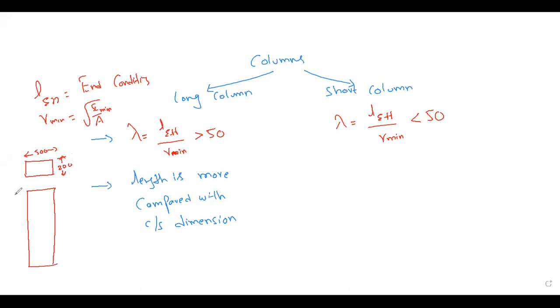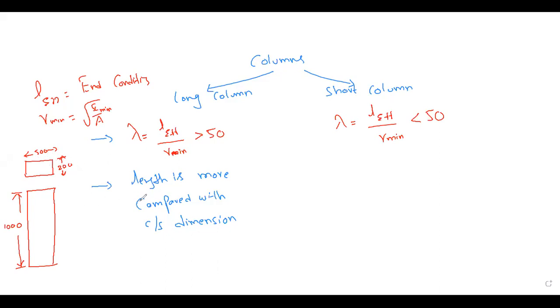The length, in other way, we call it the height. So let us take the height as 1000 mm. Can you tell me which dimension is more? Length, sir. Length is more compared with the other cross section dimensions of the column, isn't it?